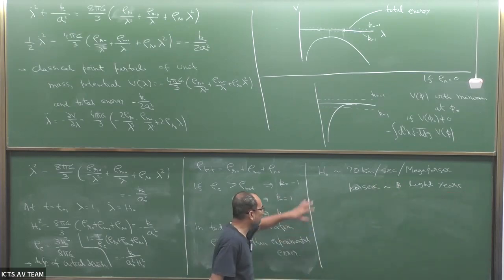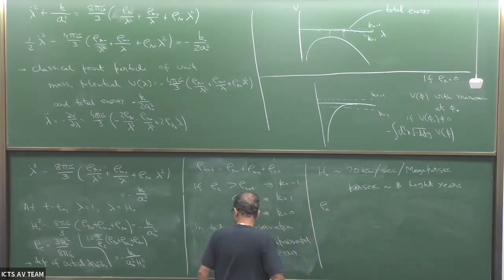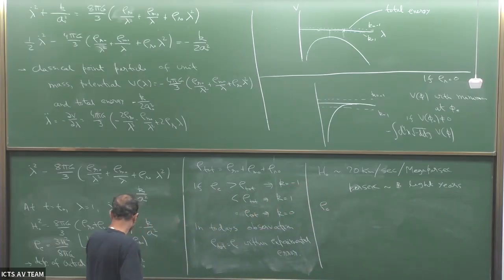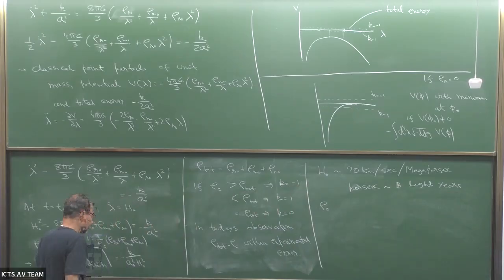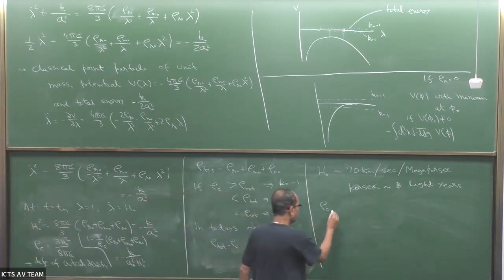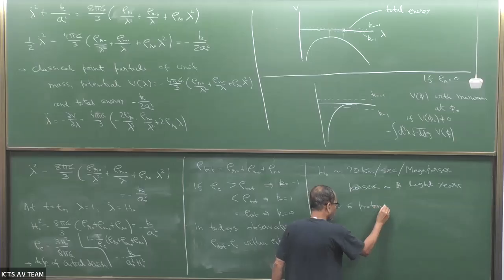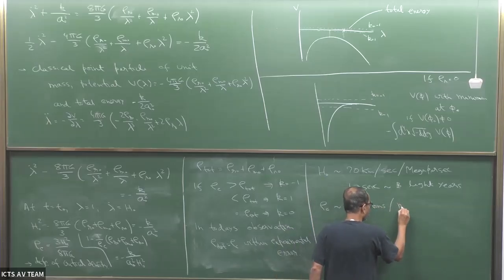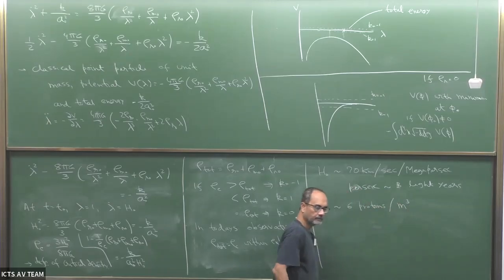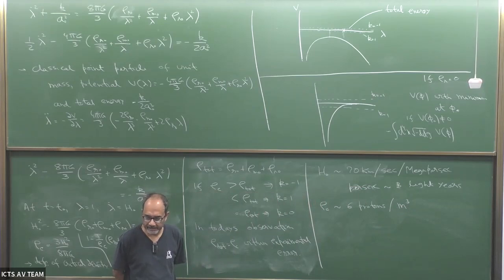Okay, so based on this number H0, the critical density rho c, which is given here, is about 6 protons per meter cube. You substitute the H0 value.